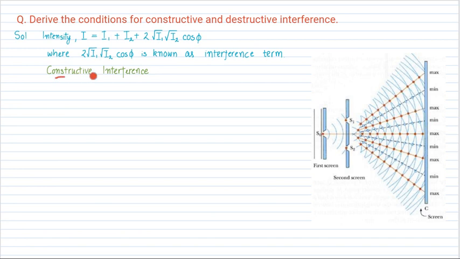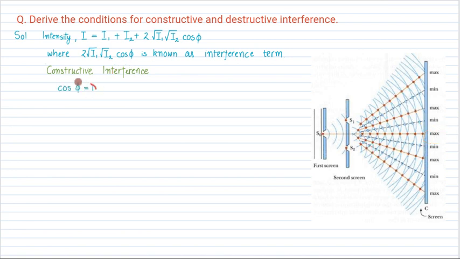So constructive interference or destructive interference, or I can say maxima or minima, depends upon which term? Your interference term, and in particular which part? This one, cos phi. So for constructive interference, what should be the condition? For constructive interference, the cos phi term should be equal to 1. Then only we'll get a bright spot here. Fine.